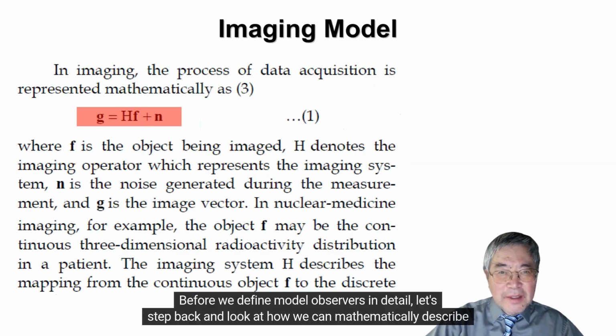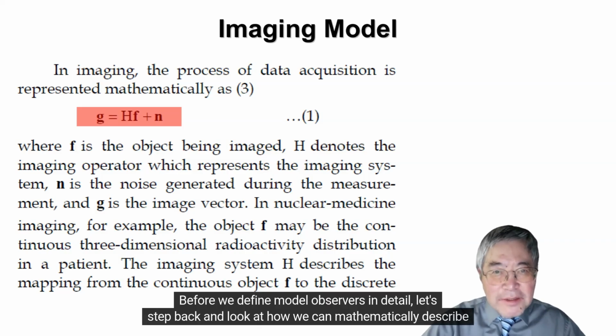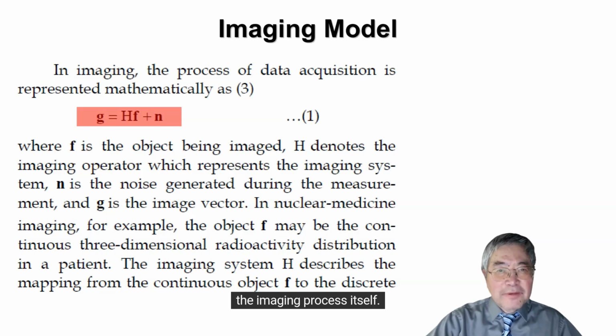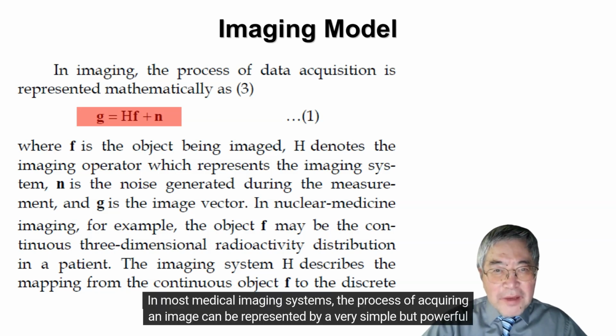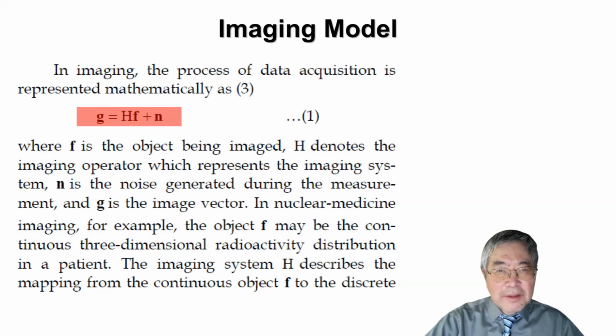Before we define model observers in detail, let's step back and look at how we can mathematically describe the imaging process itself. In most medical imaging systems, the process of acquiring an image can be represented by a very simple but powerful equation, g = Hf + n.